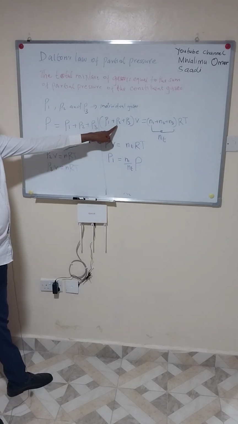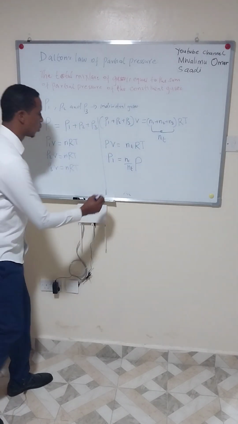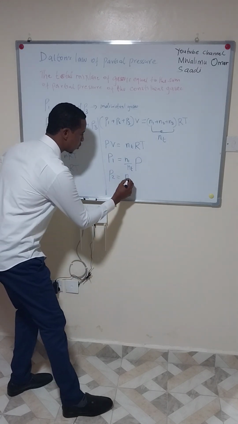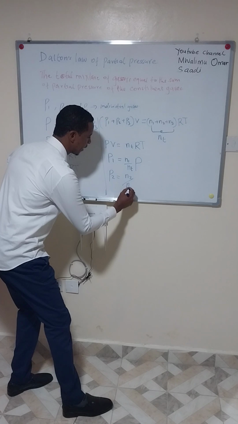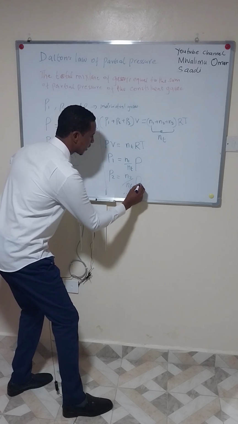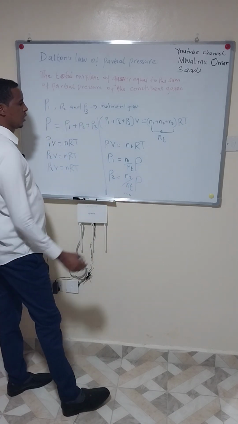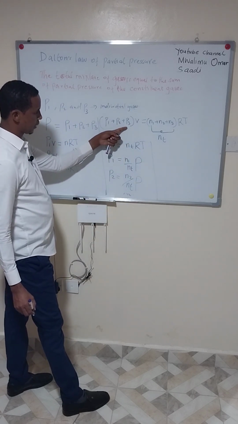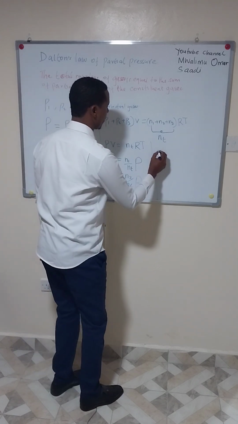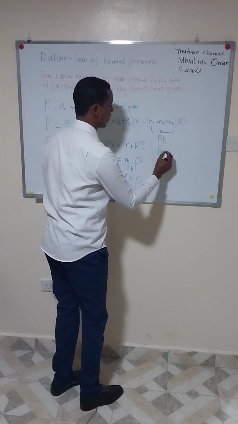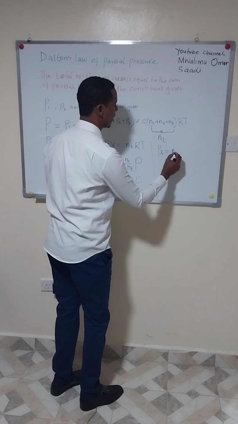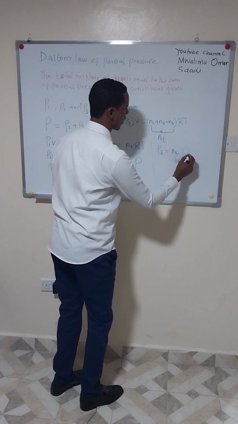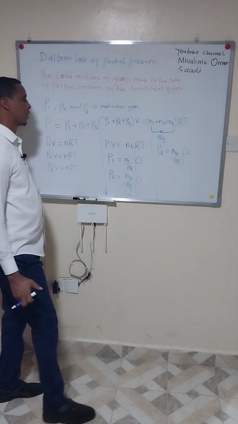If we want to find the partial pressure of P2, we will have n2 over nT times the total pressure. And if we want to find the partial pressure of P3, P3 is equal to n3 over nT times the total pressure.